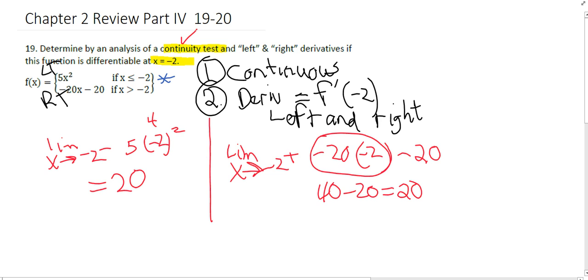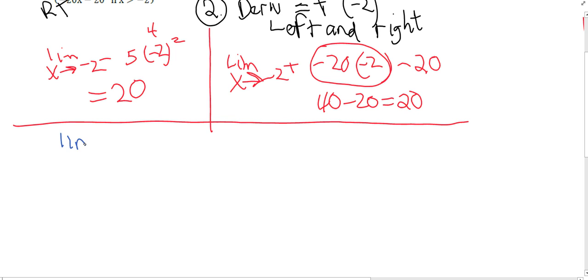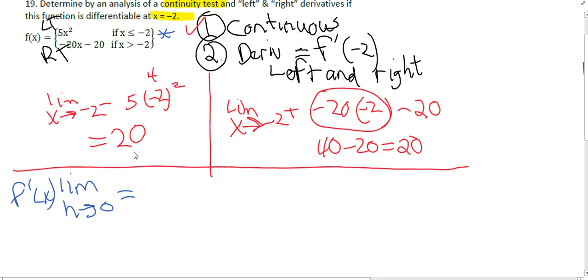So we have a choice here to make. Test number 1 passes. So looking at test number 2, we can use the limit as h approaches 0 to find the derivative of x, and we're going to have to do this twice because we have two pieces defined here.